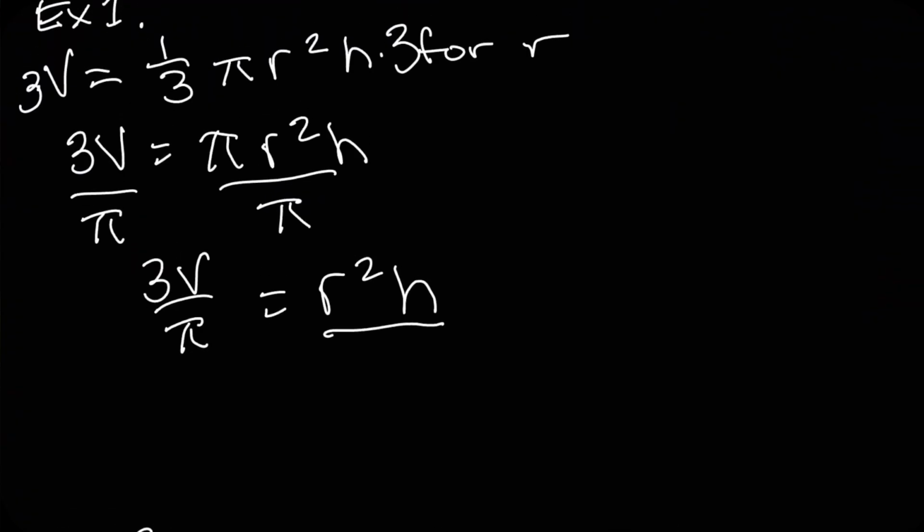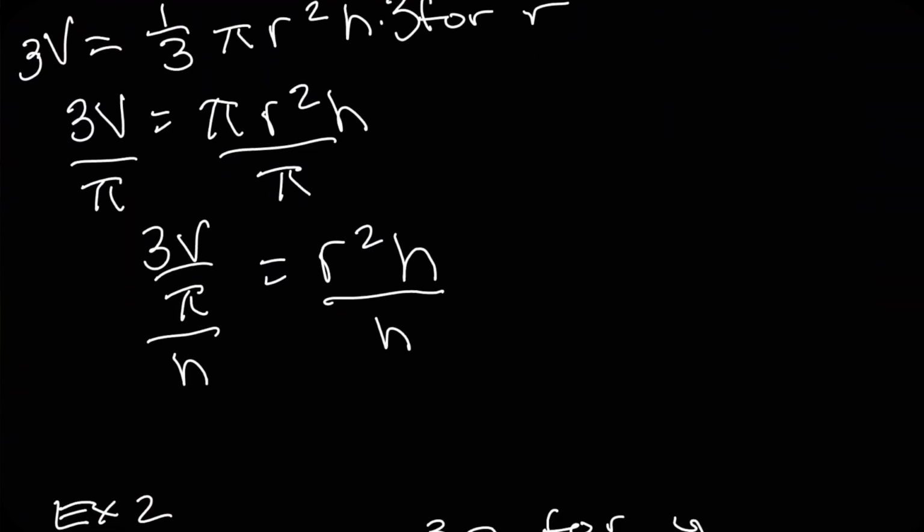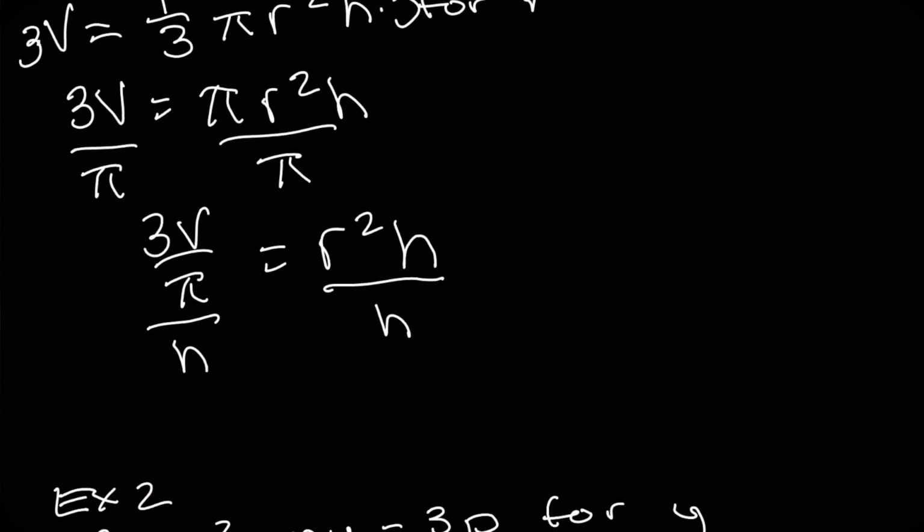Let's get rid of h by dividing by h, and this will give us, let's see, we'll have 3v over h pi is equal to r squared, and to get rid of the square we can take the square root.